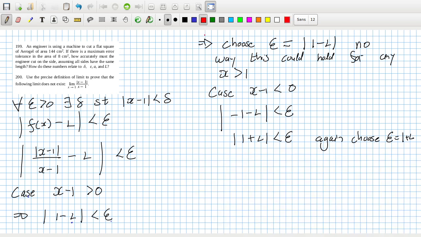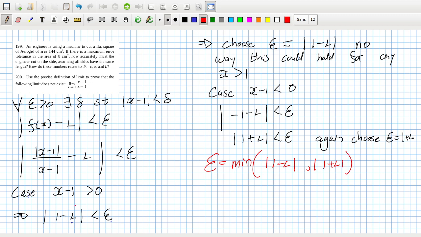Okay, so I want a situation. I should have chosen the minimum. So make epsilon equal the minimum of either 1 minus L or 1 plus L. So let's think about that again.